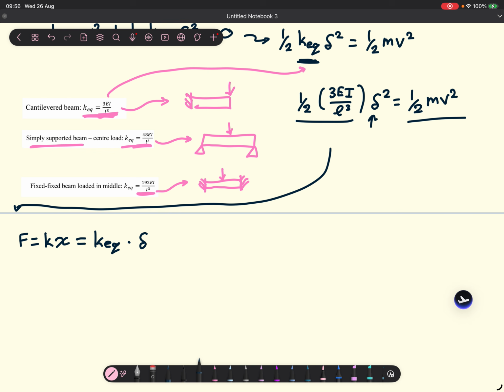So once you've solved for delta, you can then solve for the force. We're solving for the force, so the force will be equal to K equivalent times delta, which will be 3EI over L cubed times delta. Cool, I hope that makes sense.